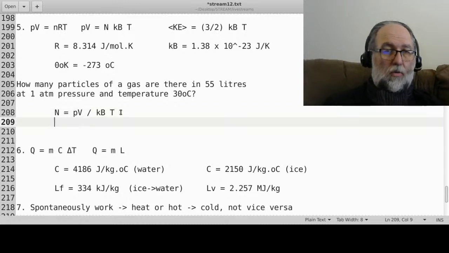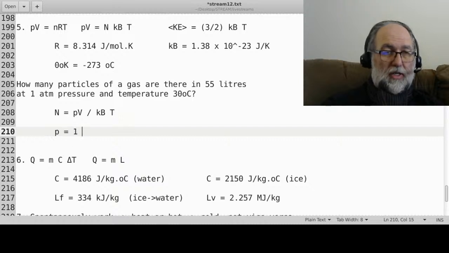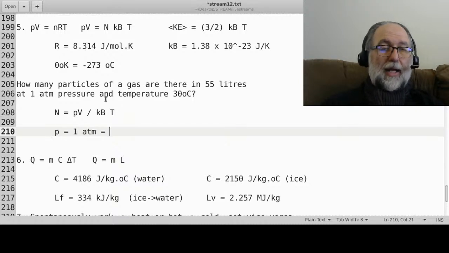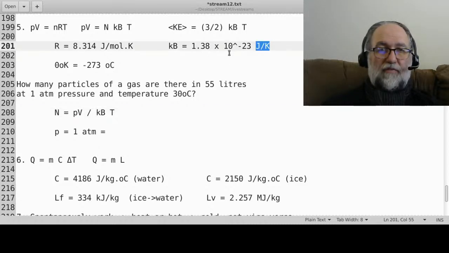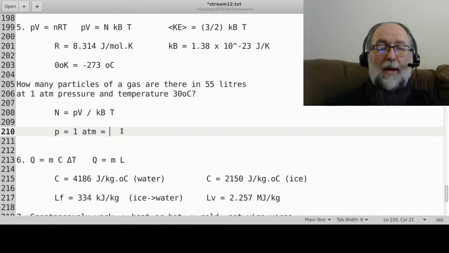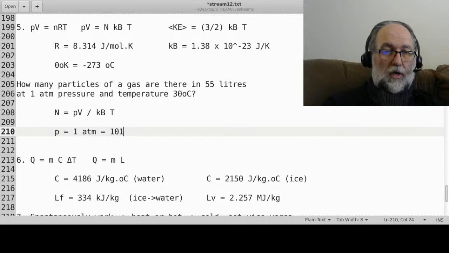We need the pressure, and the pressure, I tell you, is 1 atmosphere. But we need everything to be in MKS, because if you don't use pascals here, the conversion factors won't work. So what's 1 atmosphere in pascals? The answer is 101.3 kilopascals.